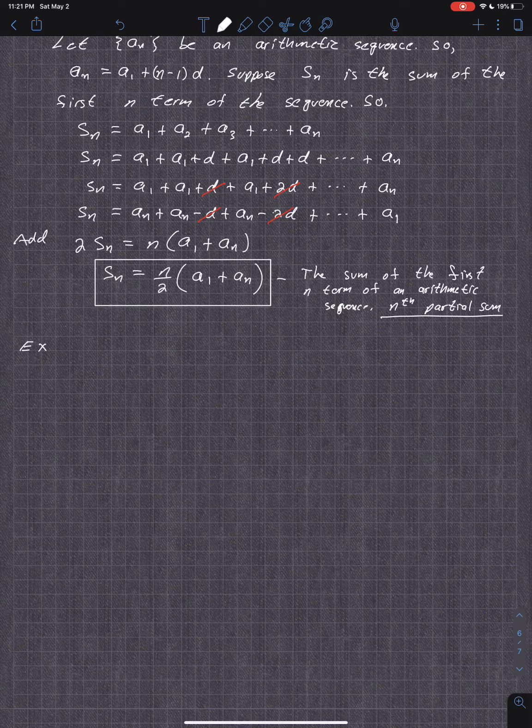Find the sum of the first 50 terms of this arithmetic sequence.